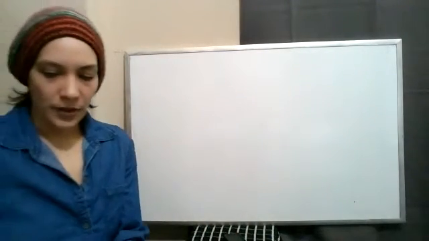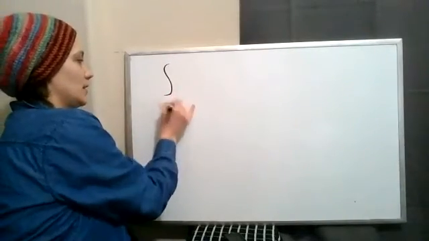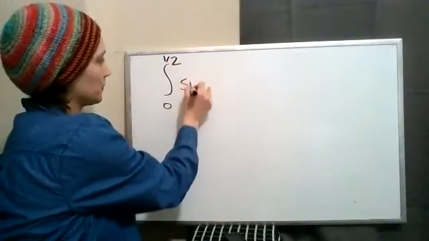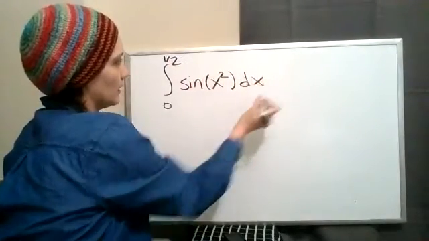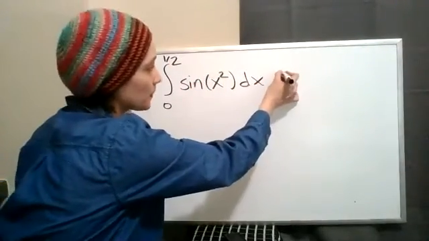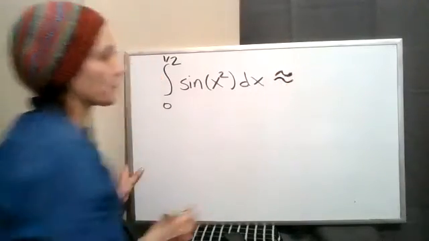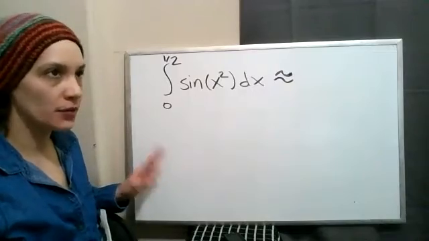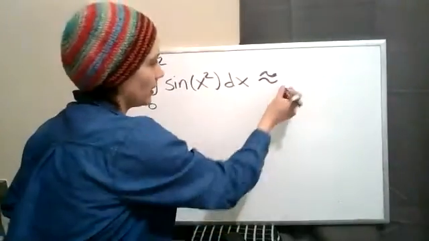So the integral from 0 to 1/2 of the function sine of x squared dx is approximately equal to the sum from i equals 1 to 4 of f of x sub i bar. So let's do that.